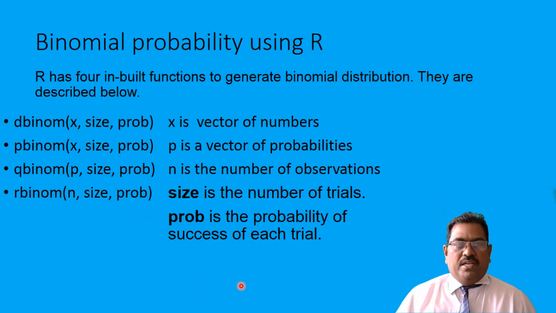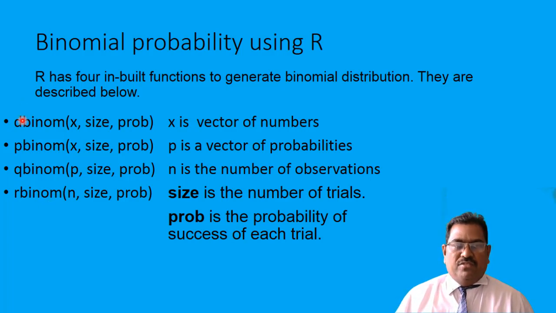And how to calculate probabilities using R programming. In R, there are some built-in functions available. The first function is dbinom, and pbinom, qbinom, and rbinom. These 4 functions are very useful. If you understand this binomial distribution, you can easily understand Poisson distribution and normal distribution.